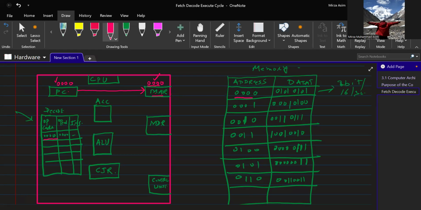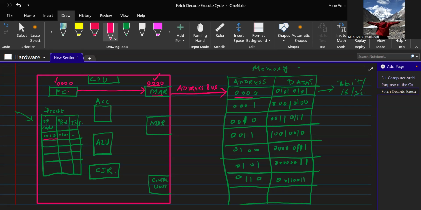So MAR sends the data, meaning the address, through the address bus. This data is sent to the main memory. Now, what happens next?